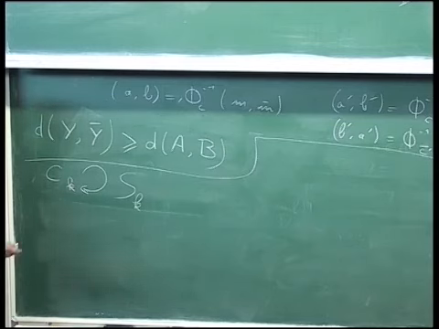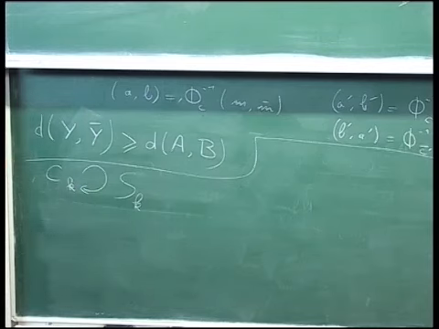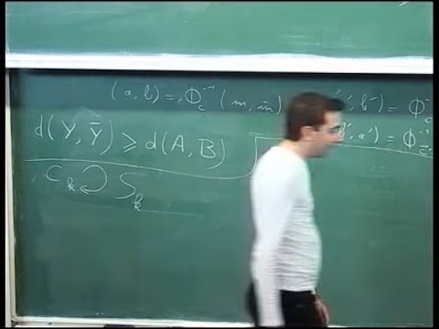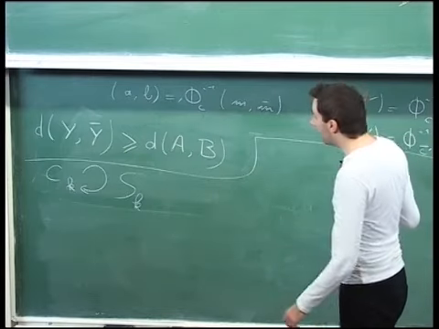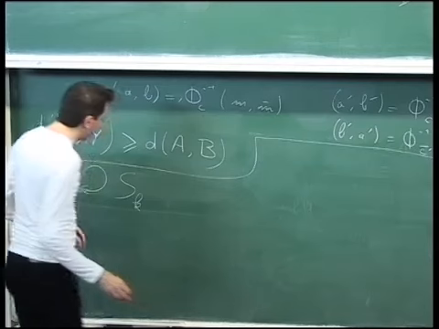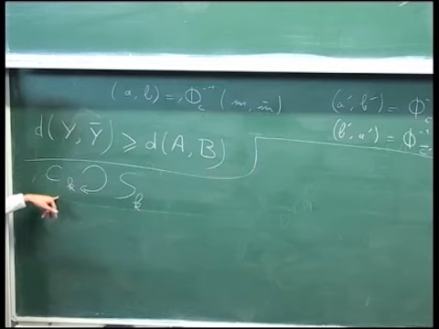All the stabilizers, all the fibers of this action have the same cardinality, k over 2 factorial square, and it's very well behaved in a measure theoretic way, and in particular, if I know concentration of measure on Sk, I know concentration of measure on CK.